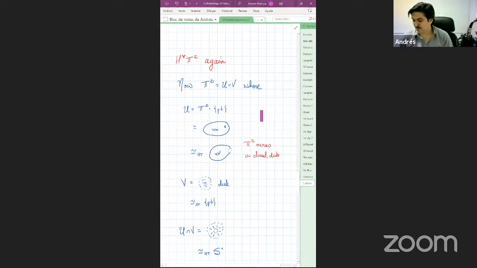So this is something where I don't know the cohomology, but I know this cohomology, this one, and also this one. So we will use the Mayer-Vietoris sequence not to compute the cohomology of the ambient space, but of a smaller set, which is U.